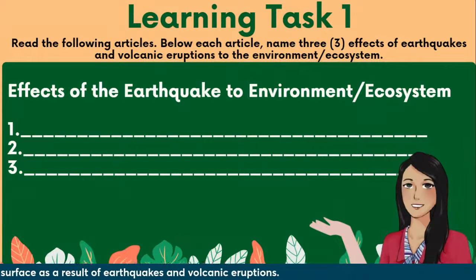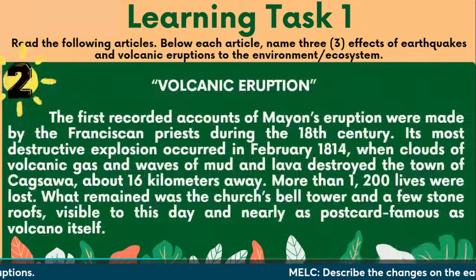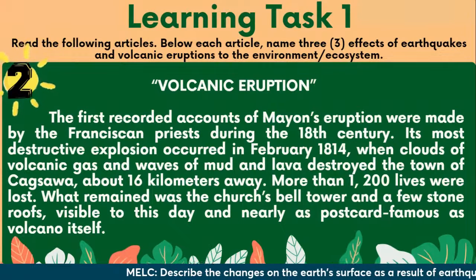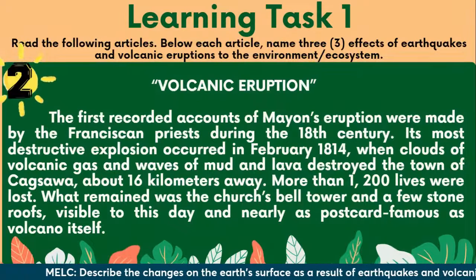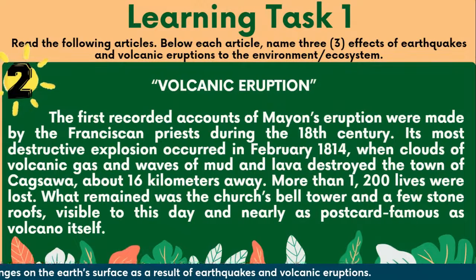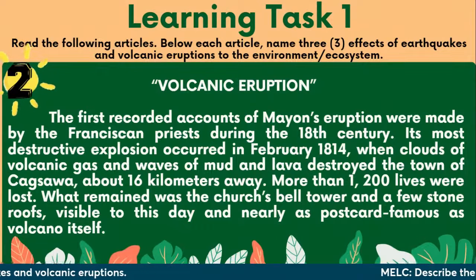All right. If you are done, now we shall proceed with the second article. The second article is about volcanic eruption. It goes like this. The first recorded accounts of Mayon's eruption were made by the Franciscan priests during the 18th century.